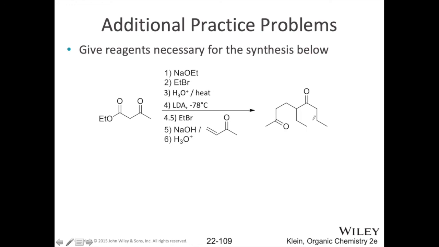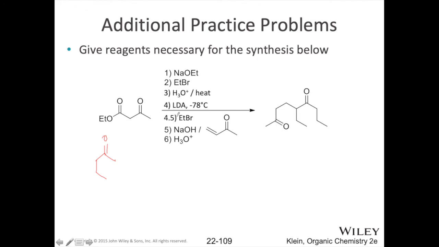I'll tell you what, let me draw the molecules so you don't lose track of what's happening here. So in those first 3 steps, we're adding an ethyl group here and getting rid of this as carbon dioxide, right? So this is what our molecule looks like after these first 3 steps.